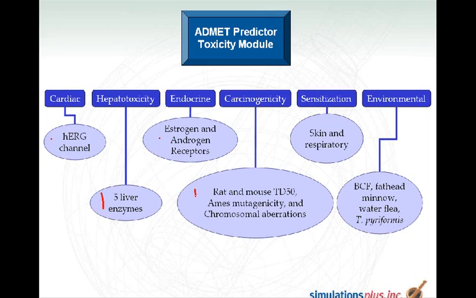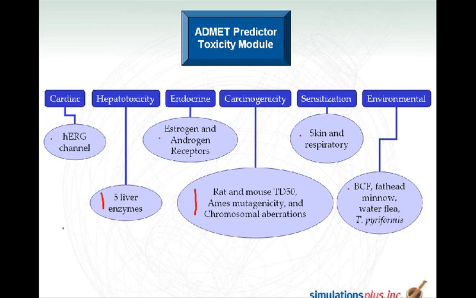For carcinogenicity, we have models related to rat and mouse TD50s, immunogenicity, and chromosomal aberrations. For sensitization, we look at skin and respiratory sensitization, and then environmental toxicity, we look at bioconcentration factor, and then lethal dose for fathead minnow, water flea, and Tetrahymena pyriformis.